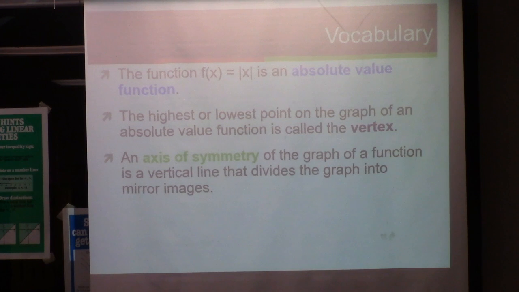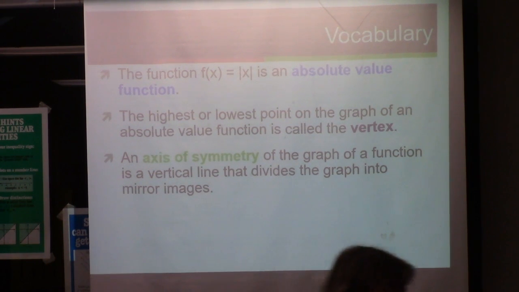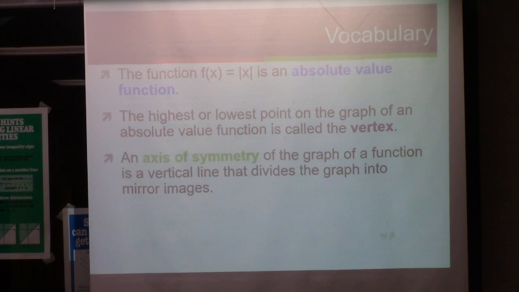Okay, so vertex and axis of symmetry. Are we doing okay so far? Okay, nothing hard?